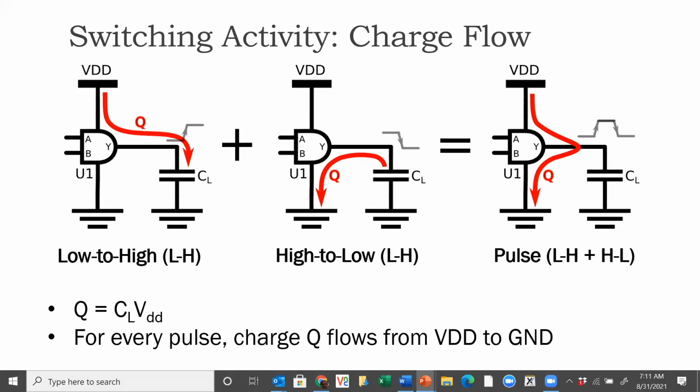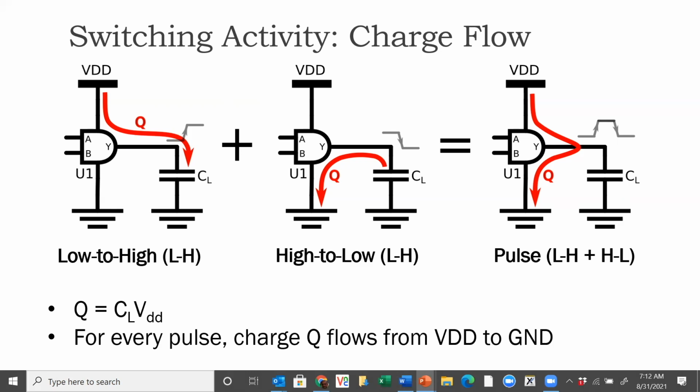The next thing is how often this load capacitance is being charged and discharged. Obviously the load capacitance will be charged low to high or high to low as the logic circuit operates. What I'm showing here is that when the output of this gate U1 is transitioning from low to high, which is the first picture on the left here, then charge flows from VDD to the load capacitance, and the load capacitance gets charged up.